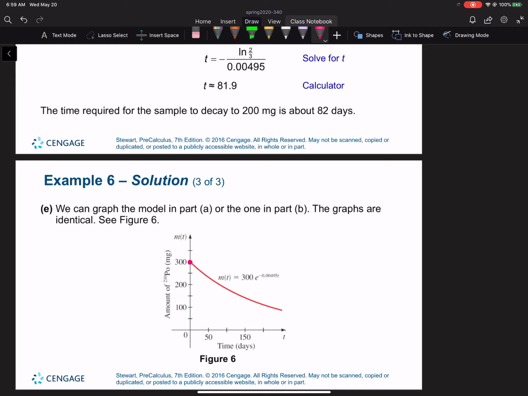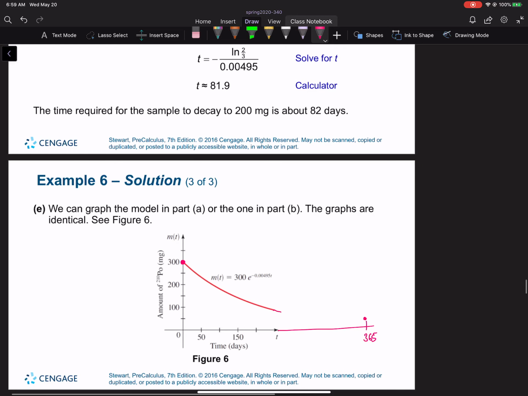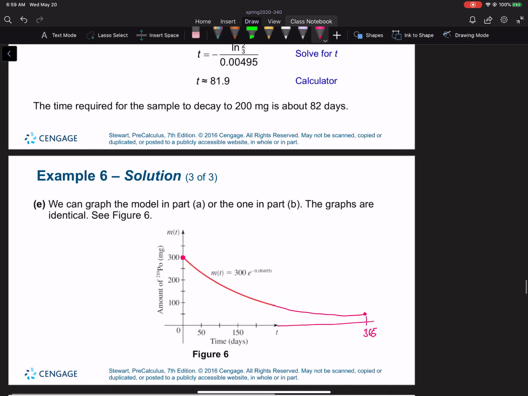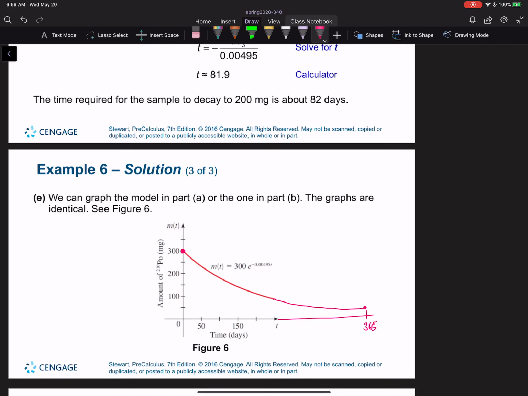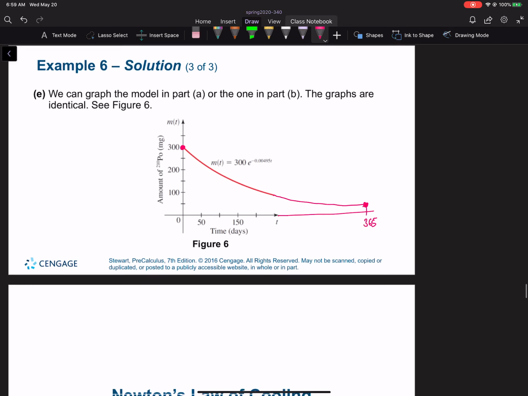And then we also calculated at least the one for 365, so we can also find that. And then we can just connect things together so we can see that it's decreasing from left to right. So you do have some data points to help you sketch a rough estimate of what that exponential decay graph should look like. Okay, so that is it.